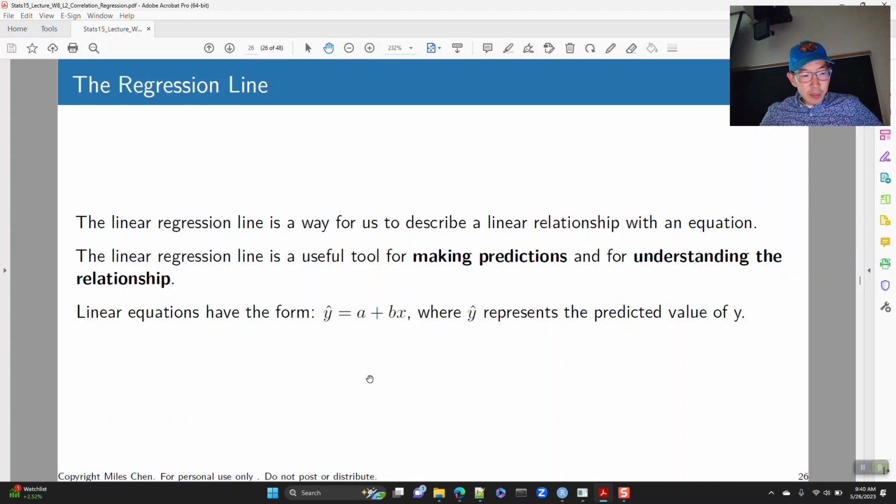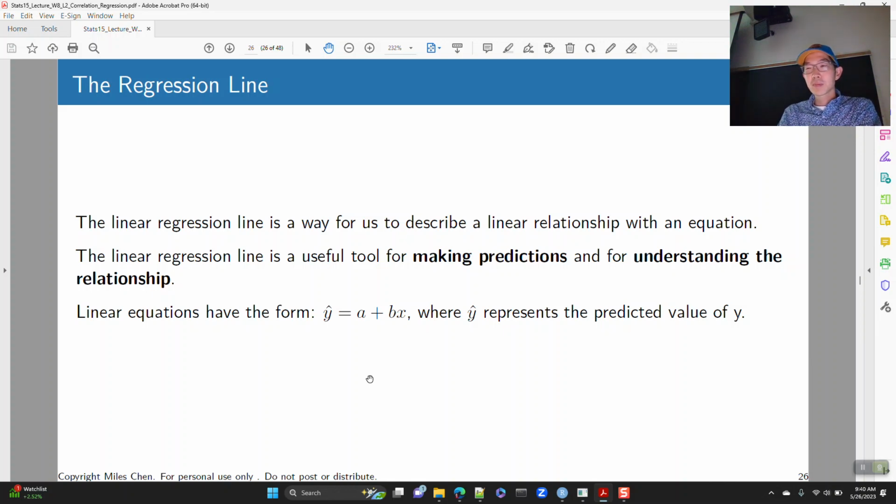We're going to look at simple linear regression. Linear regression allows us to draw a straight line. How do we draw that straight line? That straight line we draw is useful for making predictions. It's also useful for helping us understand the relationship between x and y.